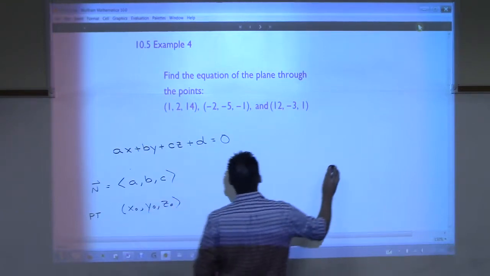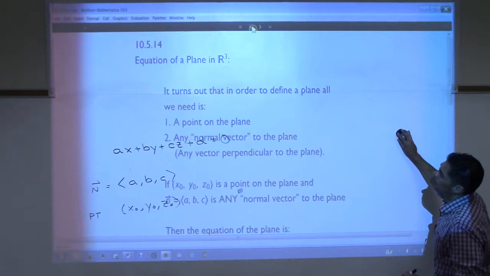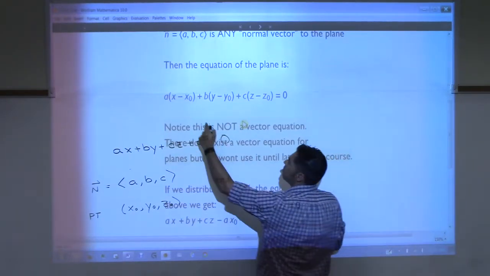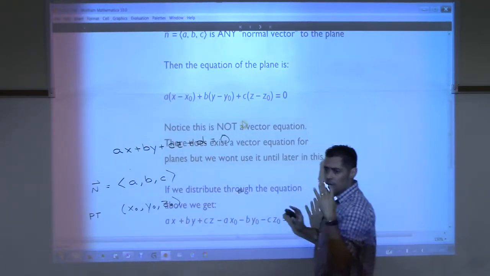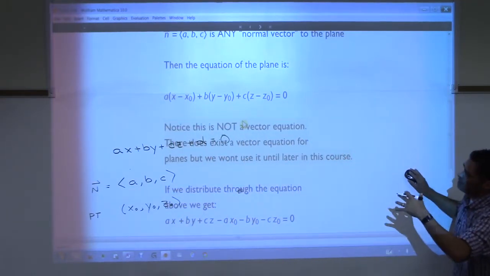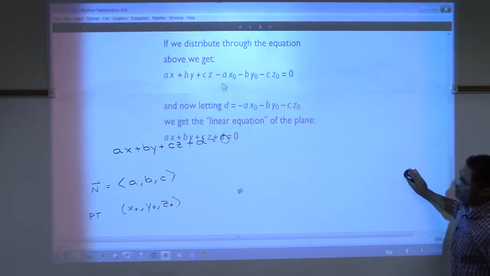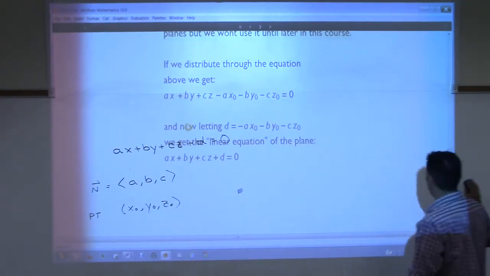So maybe I should go back and just look at the notes. One more thing on the notes here. Here we go. This was it right here, this equation. See that? That's the equation we started with when I said this is the equation of a plane. And then I explained that when we reduce things down and simplify and get rid of parentheses, our final equation always looks like this. All right?